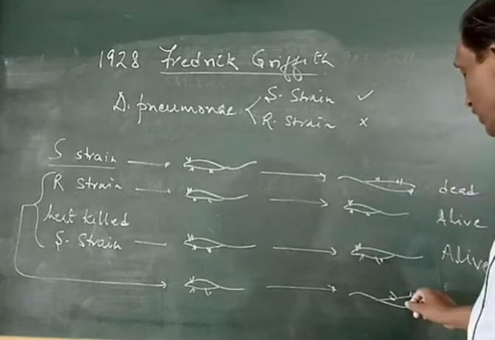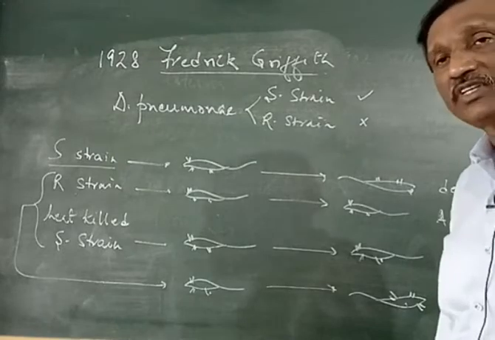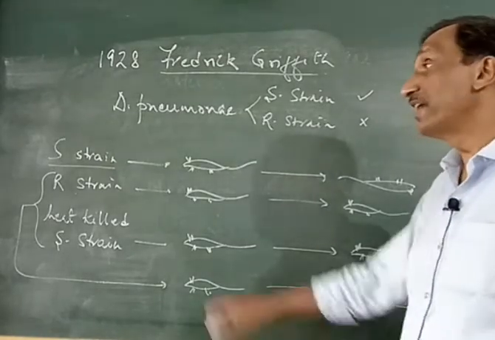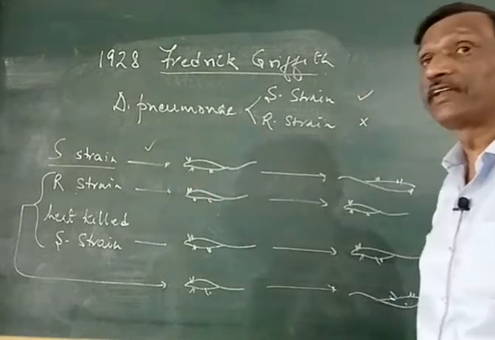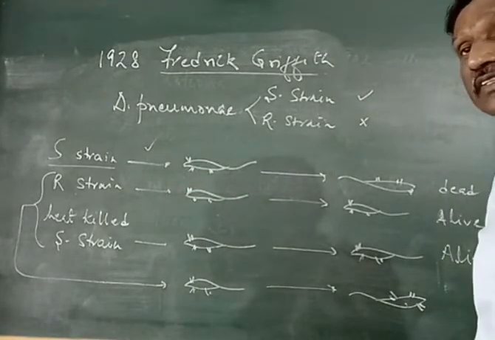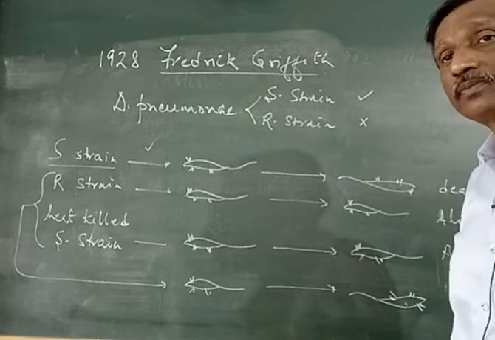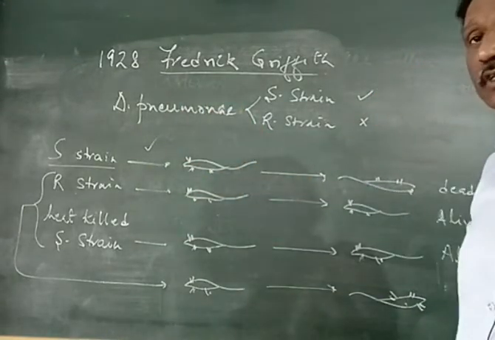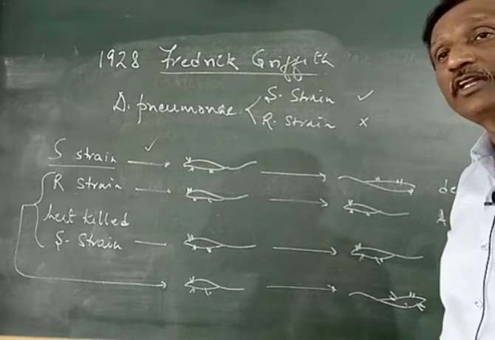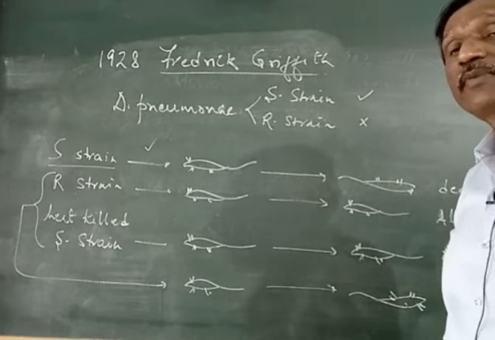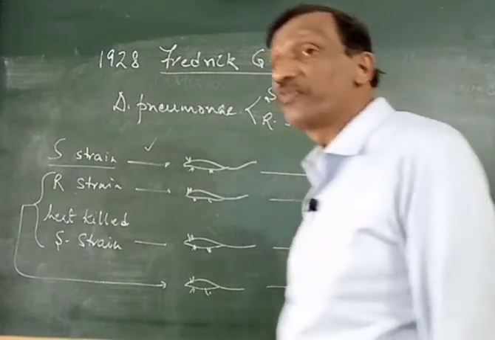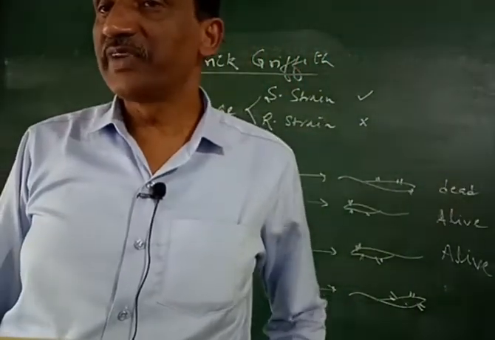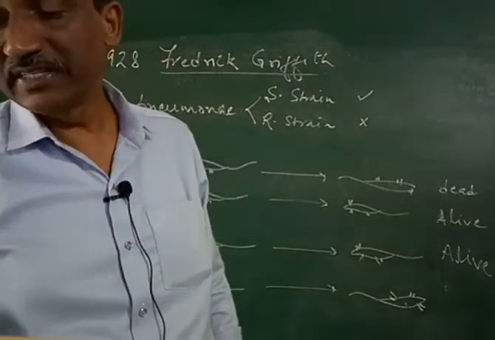Now he took a blood sample from these rats, and he found live S strain. Now the question is, where did the live S strain come from, whereas he had already killed the S strain bacteria by boiling it? He must have boiled it for 2, 3, 5 minutes, at 100 degrees Celsius, whereas most bacteria die at only 70 degrees Celsius.